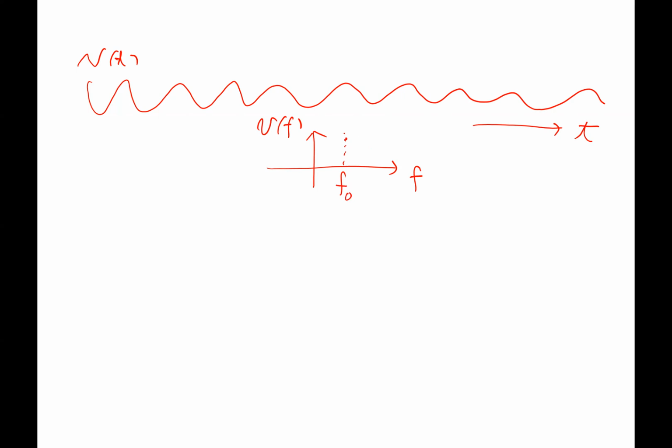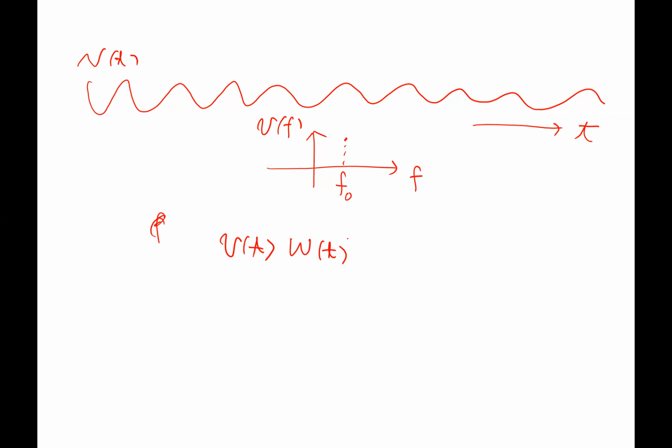So this frequency is f naught, right? However, if you limit this, then according to the Fourier transform, if your original function is V(t), limiting it means you multiply it by another window function, which is called W(t).